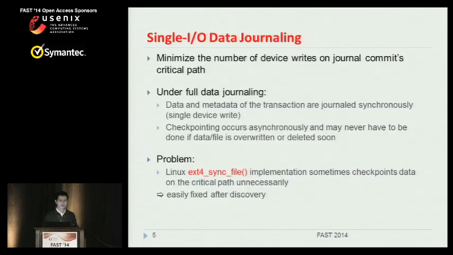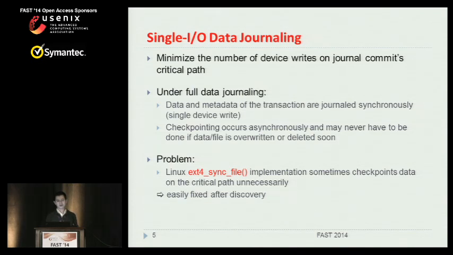So the first simple method we'll look into is to try to minimize the number of device writes on the journal commit critical path. This would get better efficiency because fewer device writes means less management costs, both in software and also in hardware.